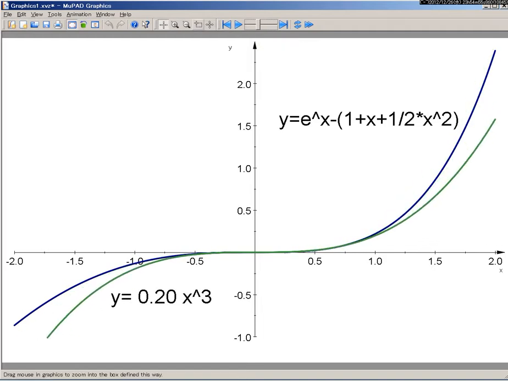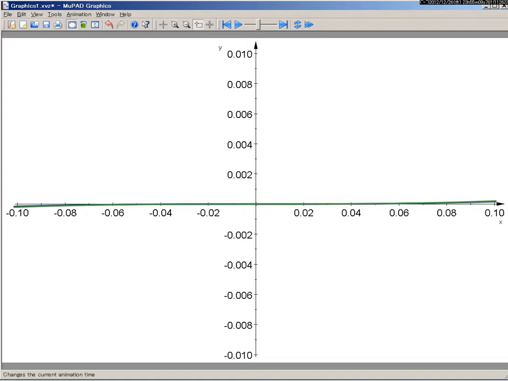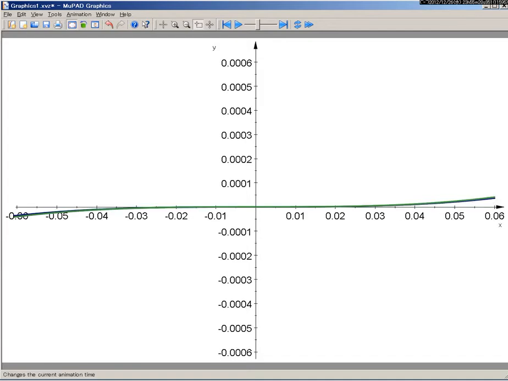So we're going to magnify around x equals 0. Okay. Now as you see, both graphs look very identical around x equals 0.